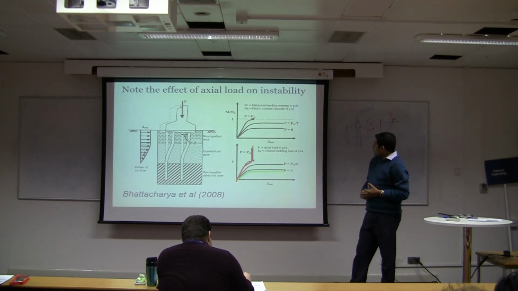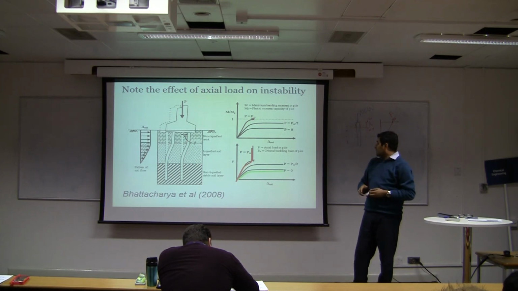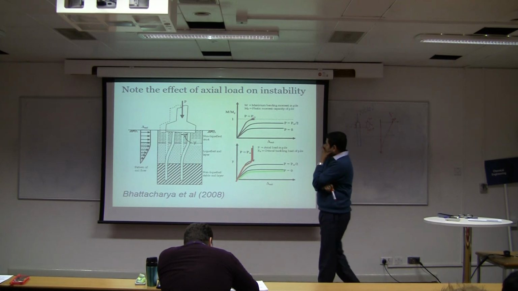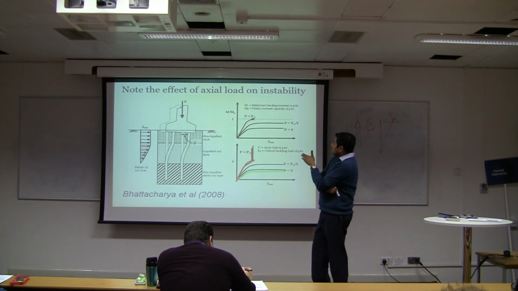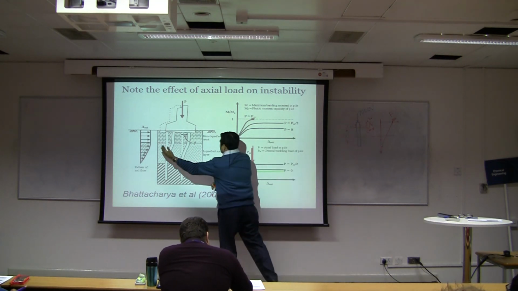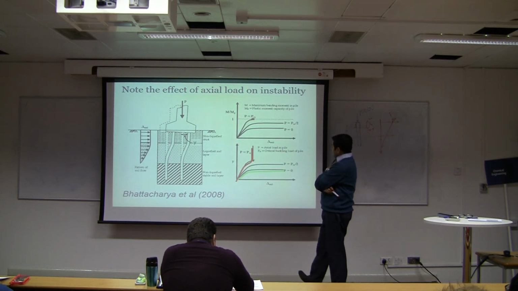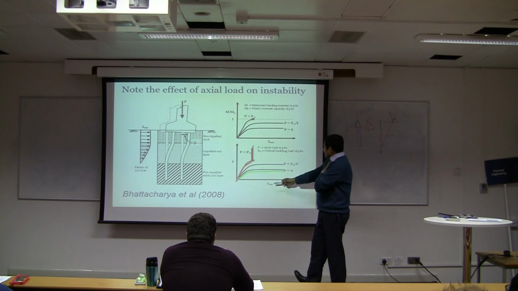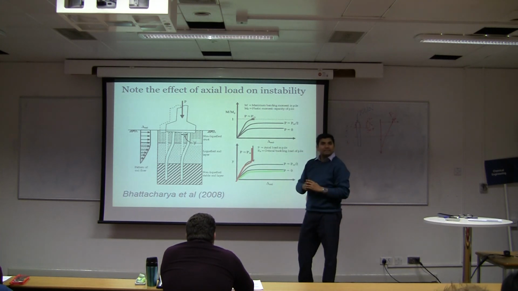Now, what happens in this case? Just to see the effect of axial load. If the ground moves laterally, I am plotting here delta soil, the ground movement, and the pile head movement.